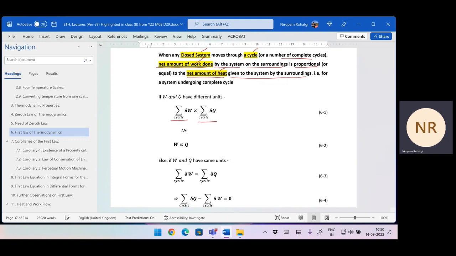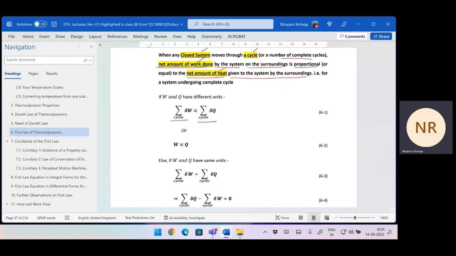and we write in sigma terms that we add up all the work done by the system over the cycle. You see that we have put a subscript for cycle, cyclic. So you are adding all the work in the cycle, you are adding all the heat in the cycle. Heat is given to the system.